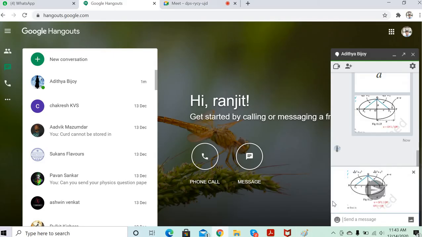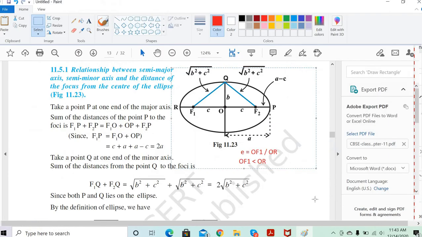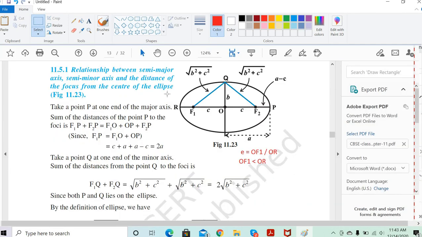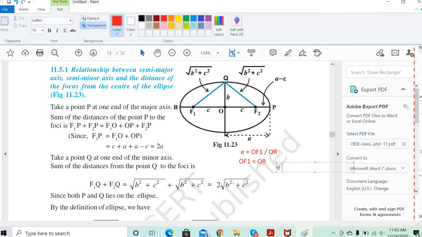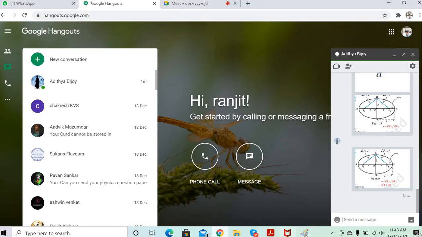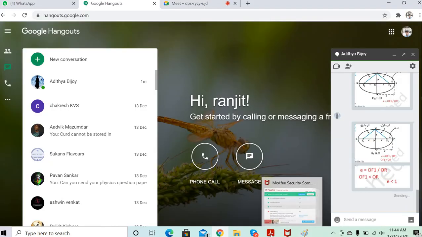Will e be greater than 1 or lesser than 1? See, OF1 is lesser than OR. So that means the numerator is lesser than the denominator. When the numerator is lesser than the denominator, what will be the value of e then? Is it greater than 1 or less than 1? It will be less than 1. Excellent. It will be lesser than 1. Absolutely correct.